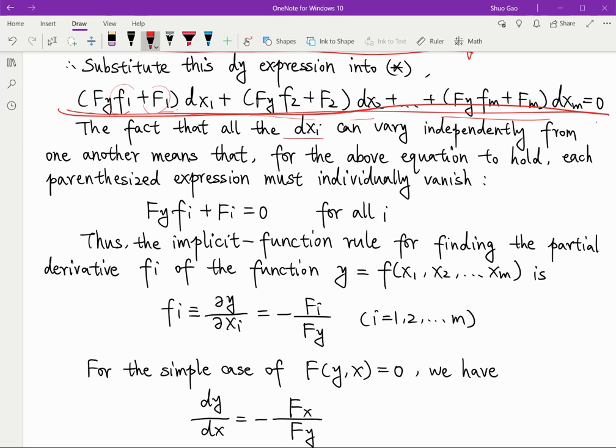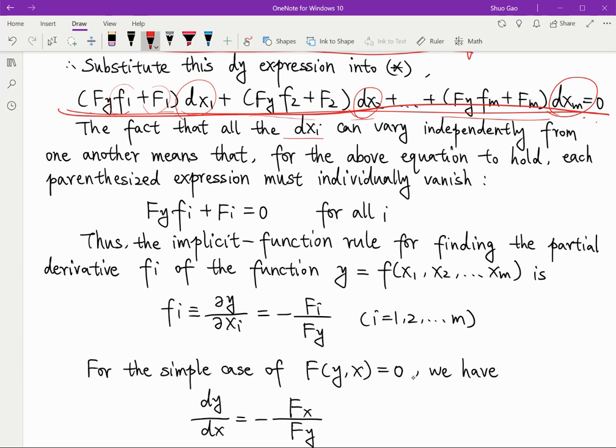Right, so all of the dxi's can change independently from each other. dx1 and dx2 are not related. They're independent from each other. So each can be positive or negative, or simply 0, right? So you cannot control the numbers here. You cannot control dx1, dx2, dxm. They can be any number.